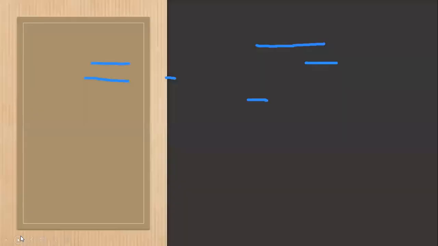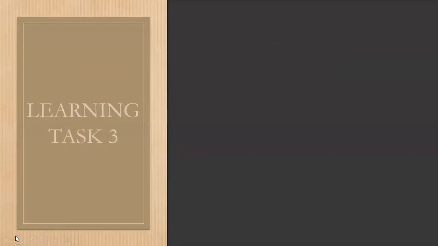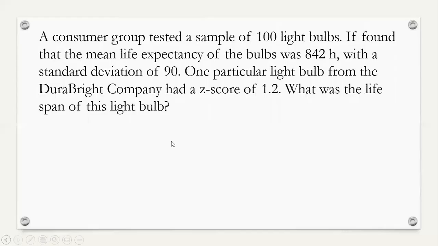Using the formula, this is learning task number 3 pala. In order for us to solve this, we need to take note of the value of the mean, the standard deviation, and the z-score. So how do we solve for that? Anyone who wants to think or try solving it?